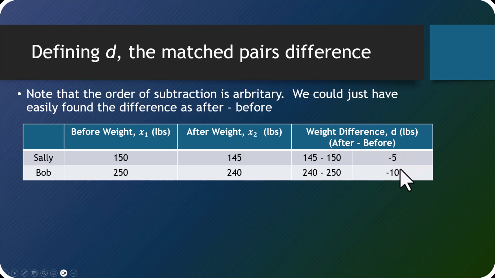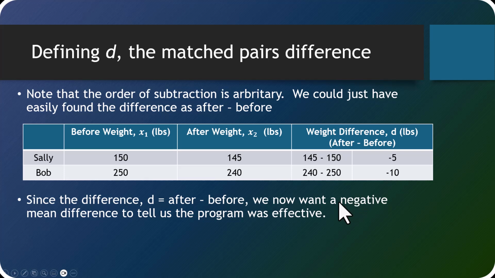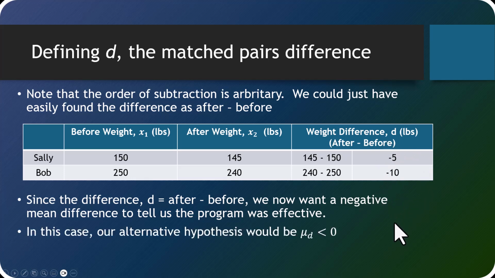And that might be preferable. Some people might want this value to be negative to indicate a loss of weight instead of a gain of weight, right? And again, Bob's would be negative 10 instead of 10. If we define our difference D as after minus before, then a negative value indicates weight loss, so the alternative hypothesis would have to be mu sub D is less than 0.